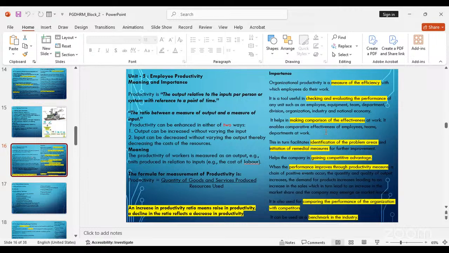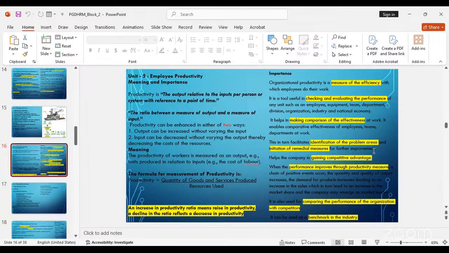It enables comparative effectiveness of employees, teams, and departments. This facilitates identification of areas of problem, areas of challenge, and initiates remedial measures to address those problems.